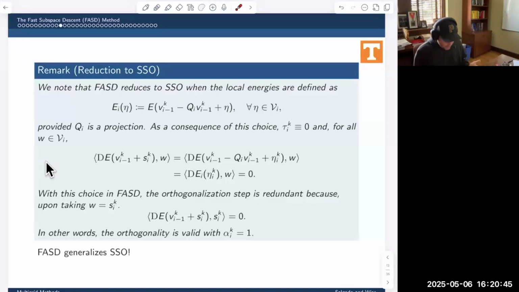So this is nice because FASD generalizes SSO. And furthermore, we have already seen that it generalizes FAS. So it's a new method, entirely new, but it has these nice generalization properties. Now, the reason why we use the tau perturbation is going to be obvious, but only at the very end. And maybe even then not quite so obvious, but hopefully more obvious at least than now.